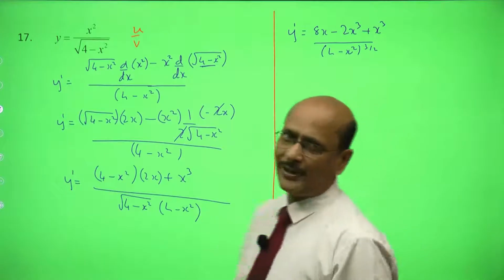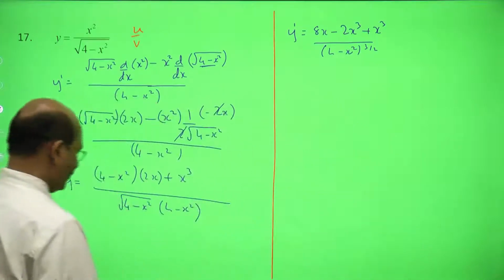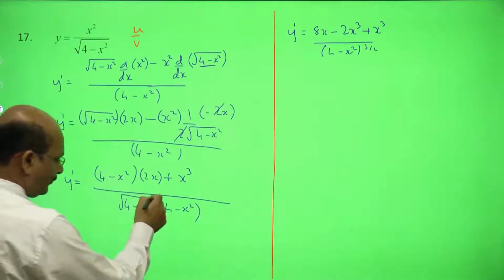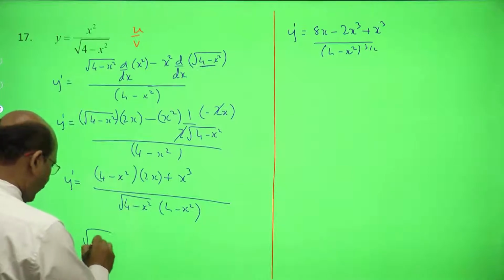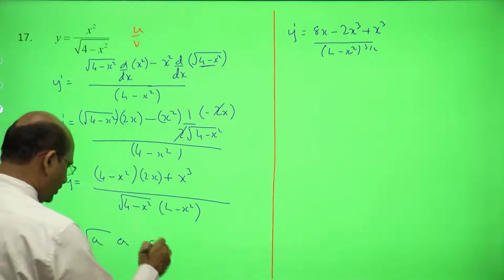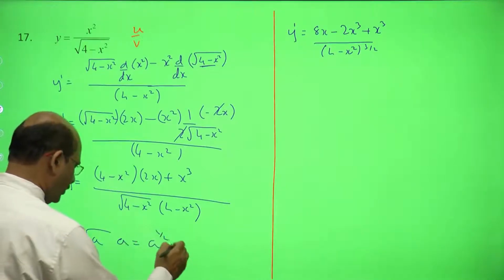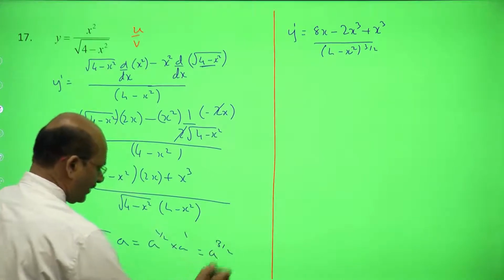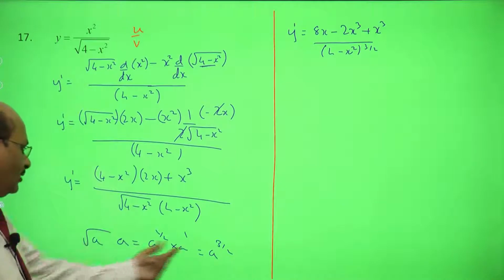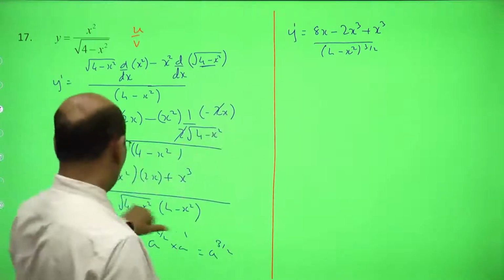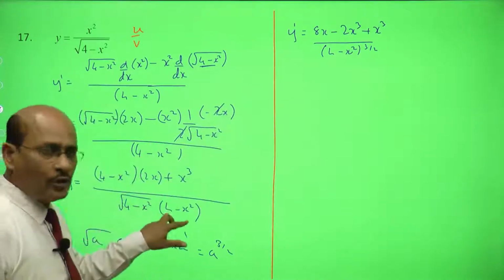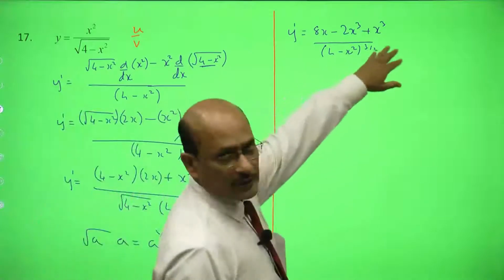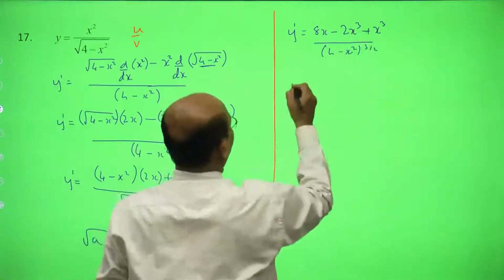Now you must know how I got this raised to 3 by 2, because this is raised to half, right? See, it is square root of a into a. So this a is raised to half into a raised to 1. So add the powers, 1 plus half is 3 by 2. So root a into a is always a raised to 3 by 2. So here root of 4 minus x square into 4 minus x square is 4 minus x square raised to 3 by 2, and here you can see the like terms clearly.